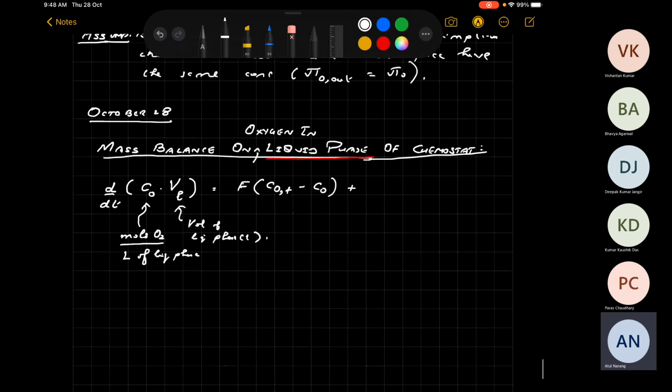And the expression that we derived was that the flux is KL multiplied by CO star, which is the concentration of oxygen at the interface, in the liquid part of the interface, minus CO. And of course, this whole quantity is per unit area, so it has to be multiplied by the total interfacial area in the working volume.